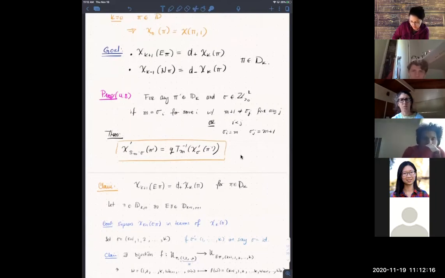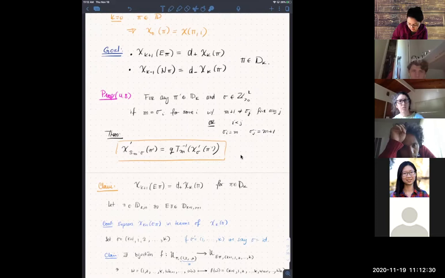So the first thing is we want to set our pi to be in D_kn, right? And so then that means that taking an e step is just basically in this set, okay? And our first goal is to express this function here, this chi k plus 1 e pi, in terms of the smaller one, even if we don't have a d plus yet.